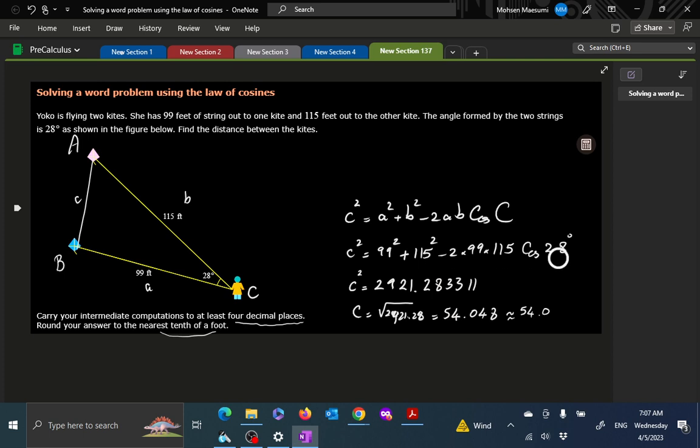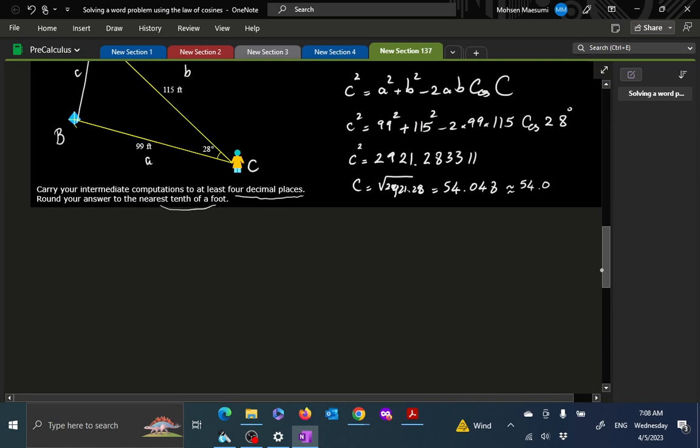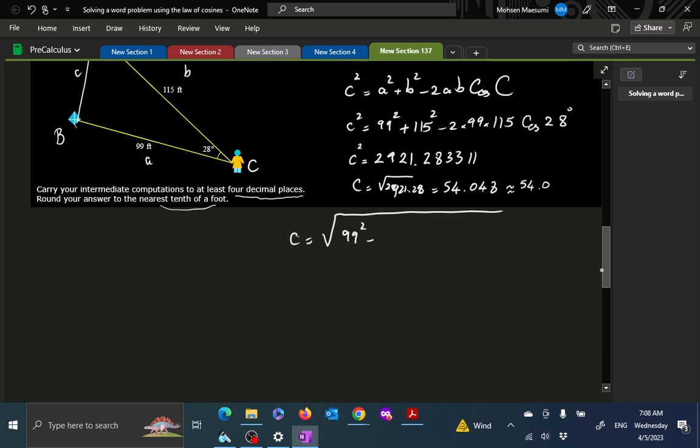You might as well put everything under one string of operations, so that your calculator calculates everything to the maximum level of accuracy it can, as opposed to writing step by step. So the best way to do this is to write from the beginning the square root of 99 squared plus 115 squared minus 2 times 99 times 115 times cosine of 28.